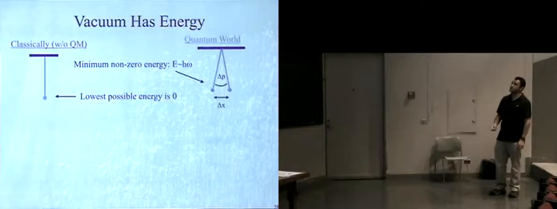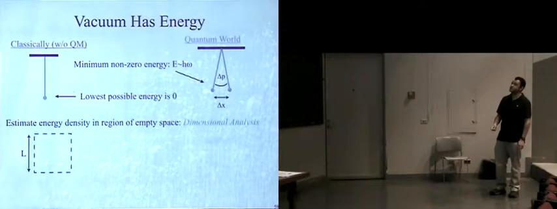Okay, so it's exactly this kind of thing that explains where the vacuum energy comes from. Even empty space has these quantum fluctuations, and they have a frequency associated with them that sets the minimum energy. So we can estimate the energy density, how much energy per unit volume there is in empty space.